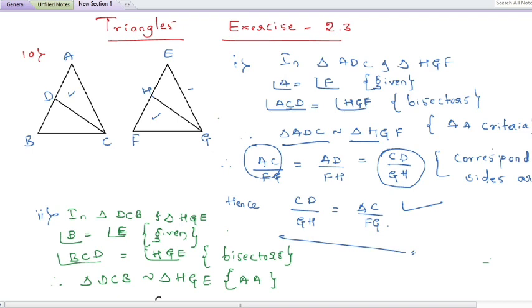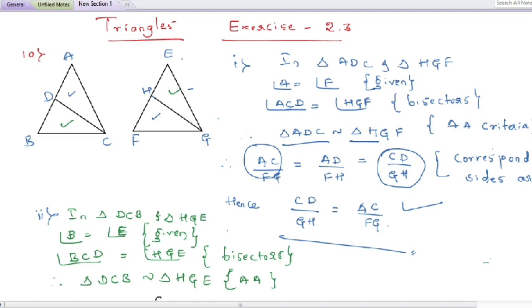Now, the second. Consider triangle DCB and HGE. Angle B is equal to angle E, it is given.